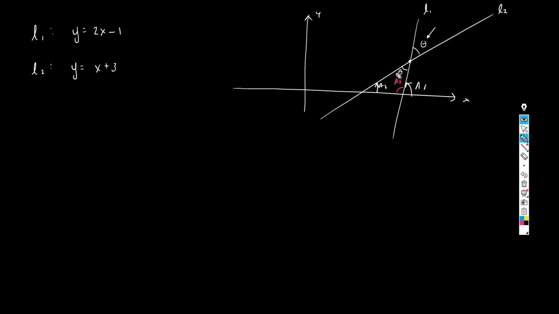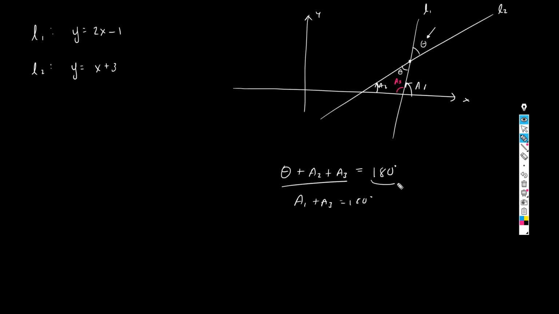Now in this triangle, guys, we have three angles, which is theta plus a2 plus a3, and the sum of the angles inside a triangle is always 180 degrees, right? Theta plus a2 plus a3 is equal to 180. And also, the angle 1 plus the angle 3, by simple geometry, is 180 degrees, because it's half a turn. So let's combine these two equations.